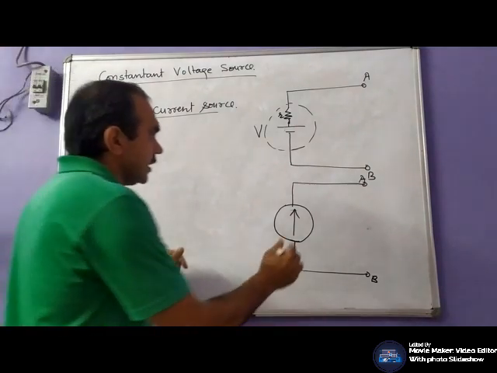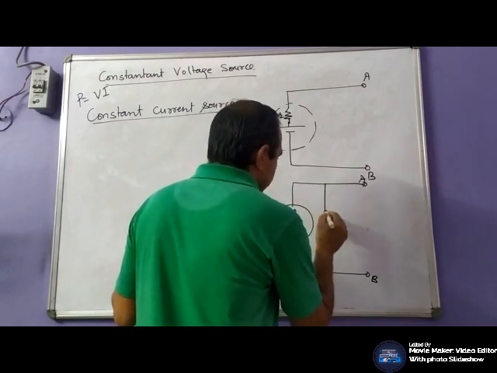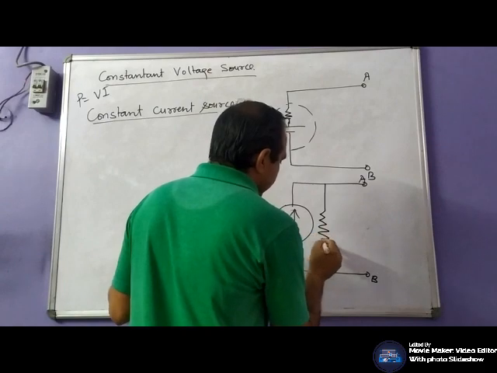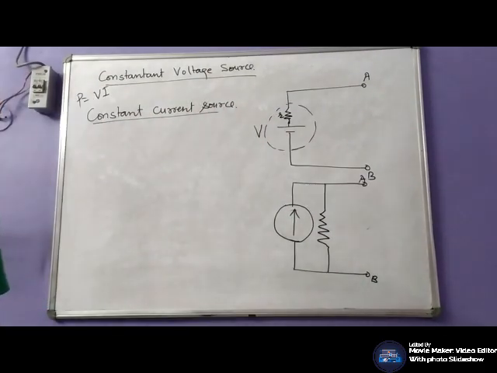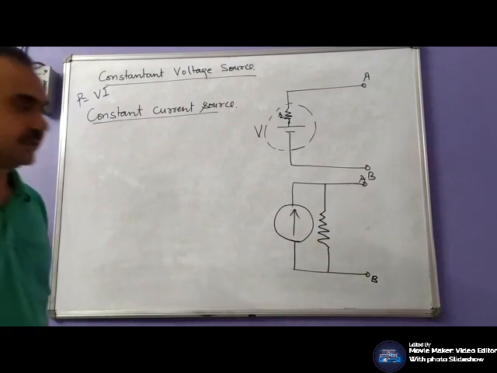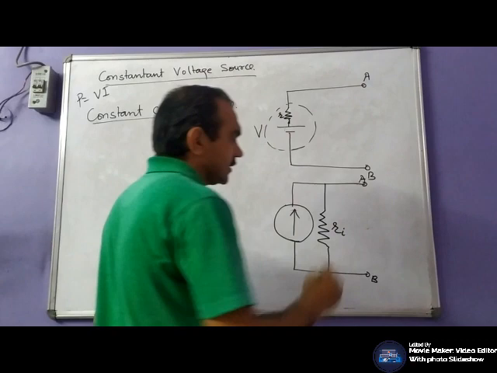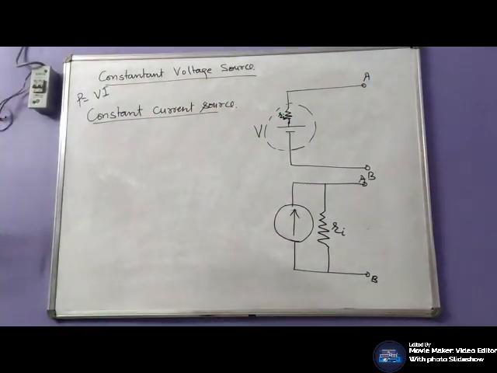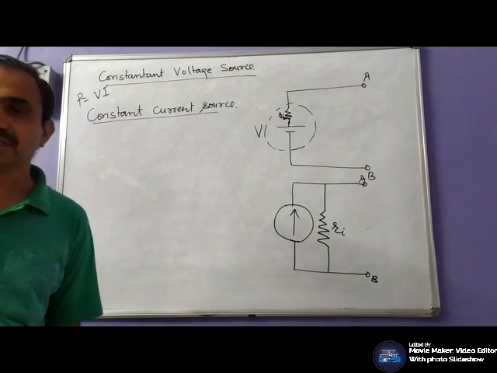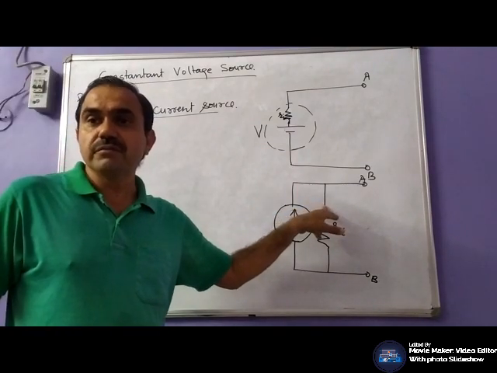So a heavy resistance is being considered in parallel. That is the internal resistance of this source, a very high resistance, so that the current flow through it would be minimum.